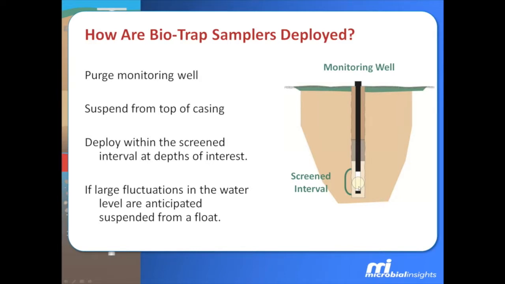If you are expecting large fluctuations in the water level in the monitoring well, you can also suspend the biotraps from a float, so that as the water level goes up and down, the biotrap is maintained at a given distance from the interface.